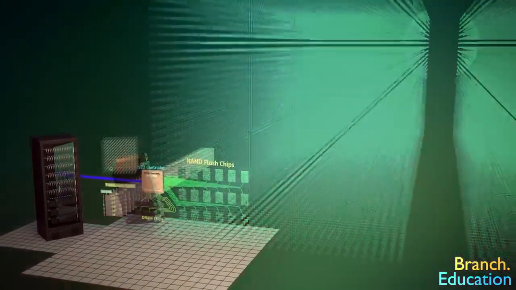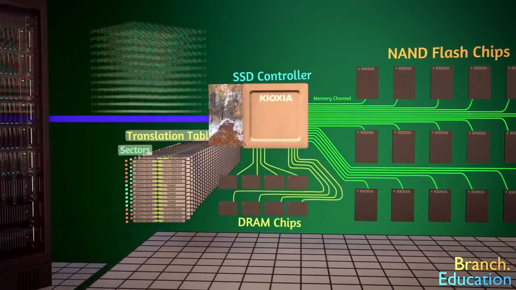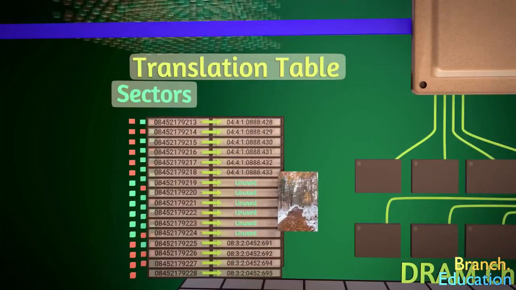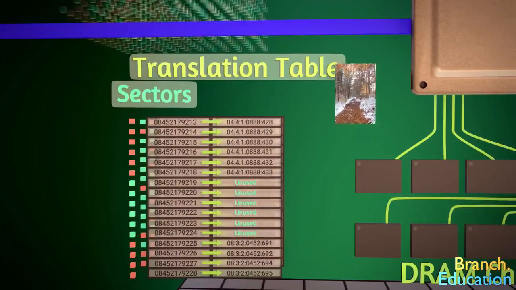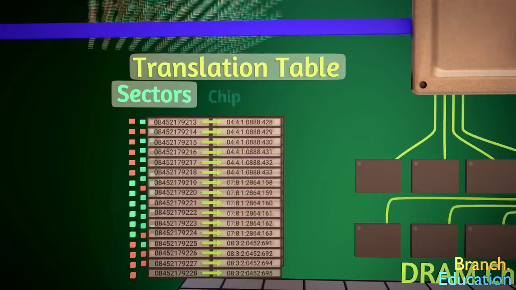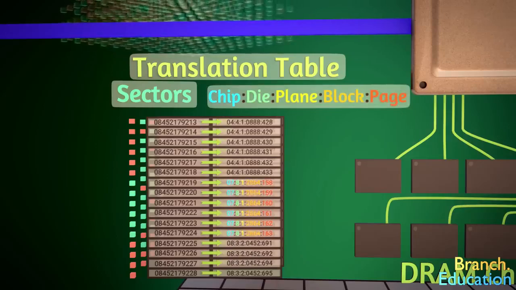For example, when you store a picture, your computer tells the SSD to store the picture's data in a set of unused sectors. The SSD controller then takes the picture's data and sends it, noting the address for the chip, die, plane, block, and pages of the precise location.